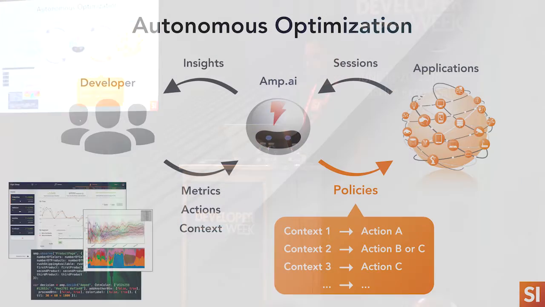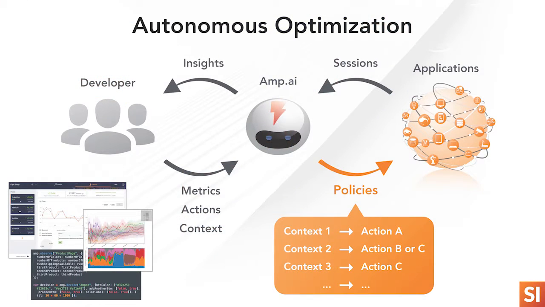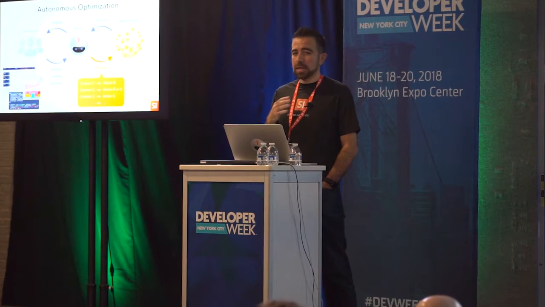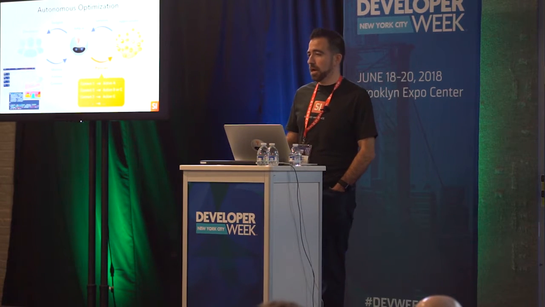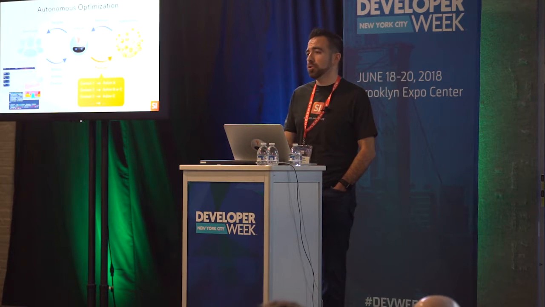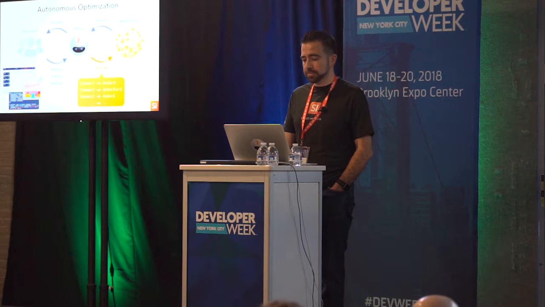Second, we have the outer loop, which is what we do as developers, basically to iterate on existing use cases and to develop new use cases. This outer loop is actually critical to drive further, continued, sustained growth. So it's not sufficient to simply have autonomous optimization as the inner loop, although that does make it a lot simpler to make progress.